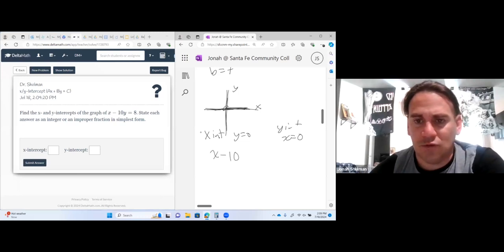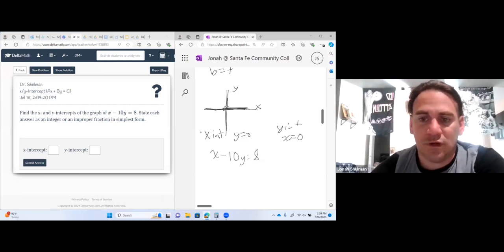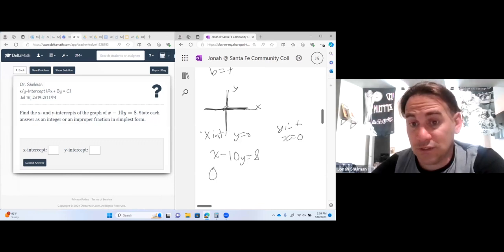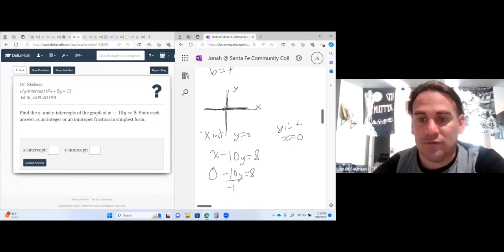x minus 10y equals 8. If I make the first one 0, this is for my y-intercept because my x is 0, I just get negative 10y equals 8. Divide by negative 10. So my y-intercept, we always have to write like a point. My x is 0.